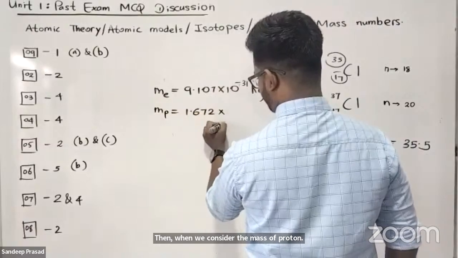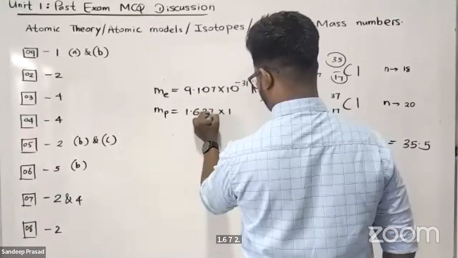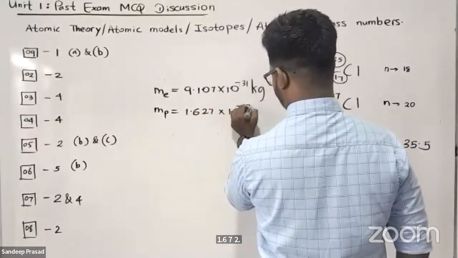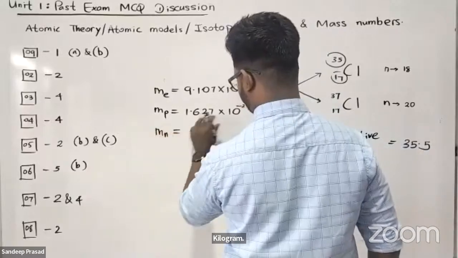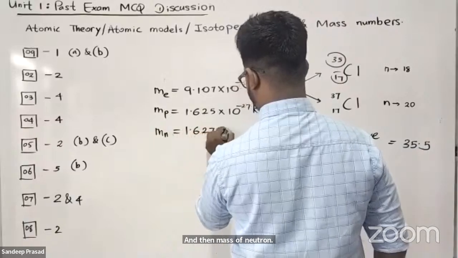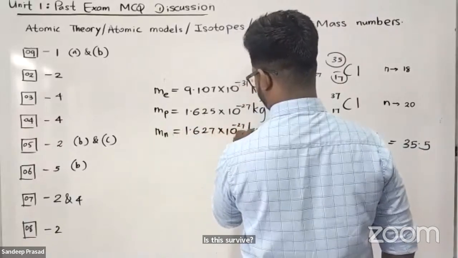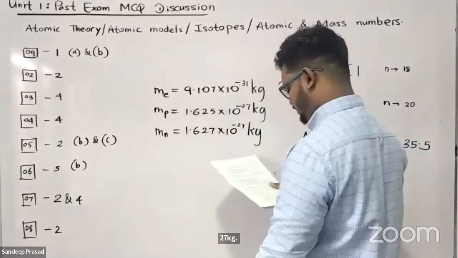1.672 times 10 to the power minus 27 kilograms. And then the mass of neutron is 1.675 times 10 to the power minus 27 kilograms. In this way, we know the mass of electron, proton, and neutron.